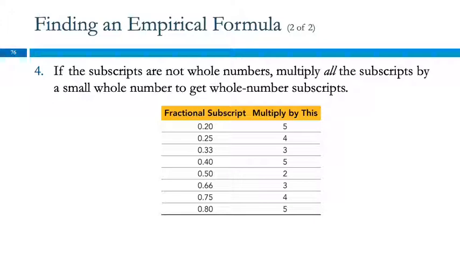Well, then you need to multiply all the subscripts by the same small whole number. So those decimals are fractional equivalents, right? 0.5 is the same as 1/2. If you multiply something that ends in 0.5 by 2, you're going to get a whole number.